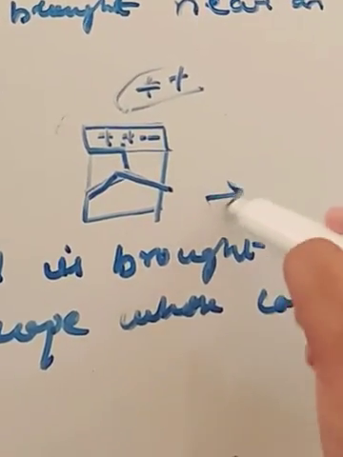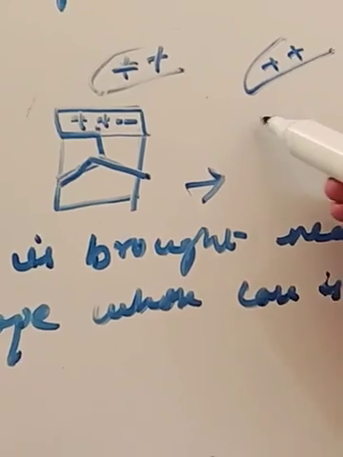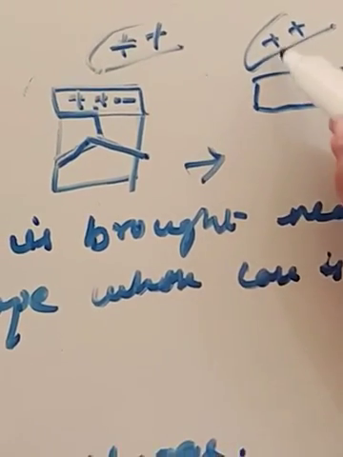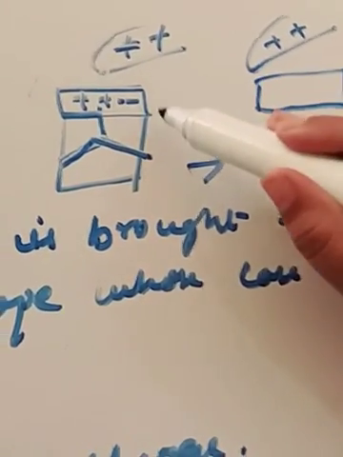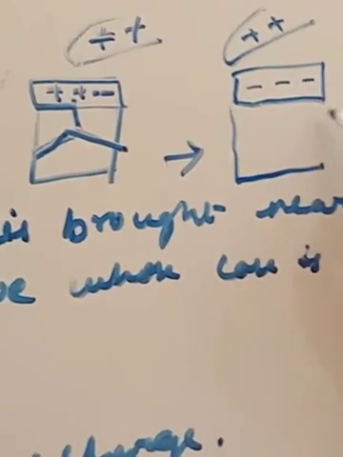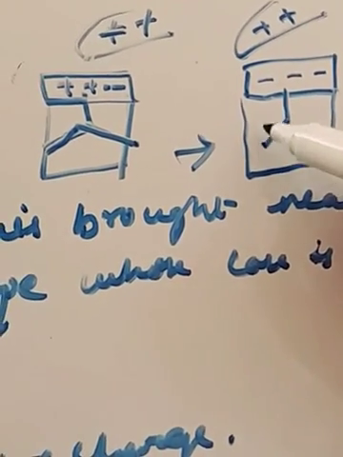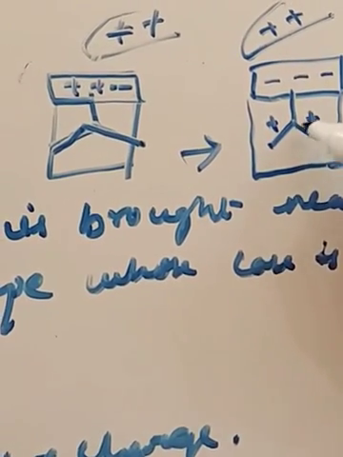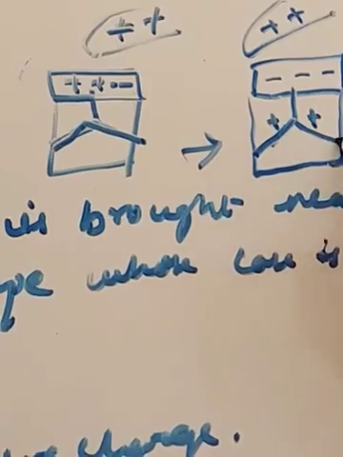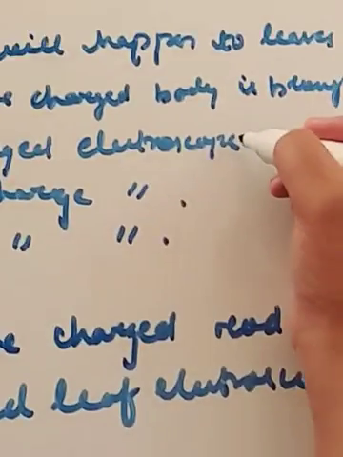Attraction will happen, so let me show you on the next diagram. This is positively charged. As attraction occurs between positive and negative charge, the negative charge will stay here, and the positive charge will pass through to the leaves. Here positive charge, here positive charge. So repulsion, more divergence.